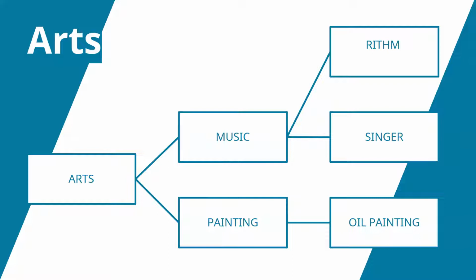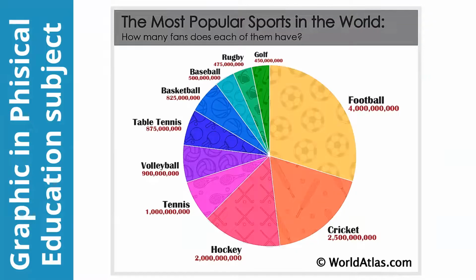Like this painting is made with oil painting, something like that. So they get information from it. So the grammar structure they use can be the present tense or the past tense. The last slide, please.